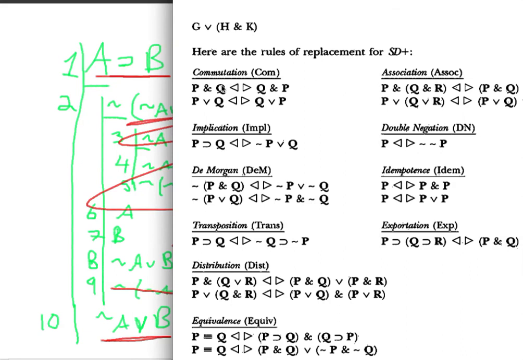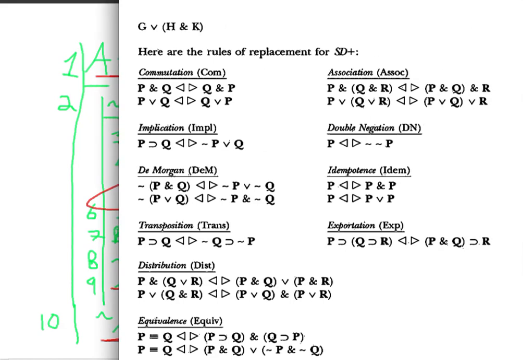We've covered here commutation, association, implication. Double negation, I'm hoping is already fairly intuitive for you, but I suggest that you work through it just to convince yourself that it is in fact a truth-preserving rule of inference. Or sorry, a replacement rule. And we've talked a little bit about idempotence as well.